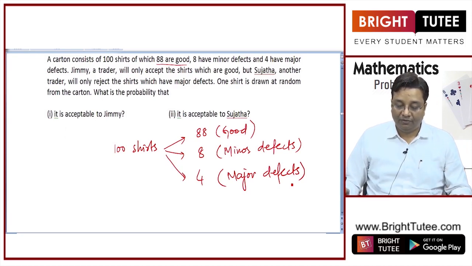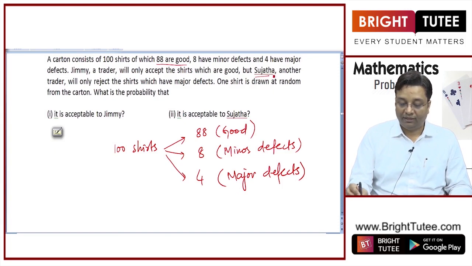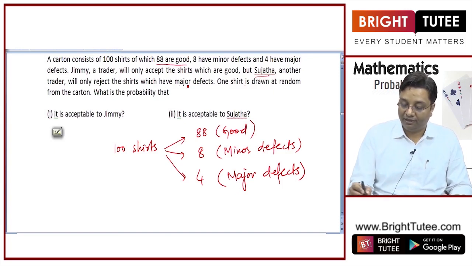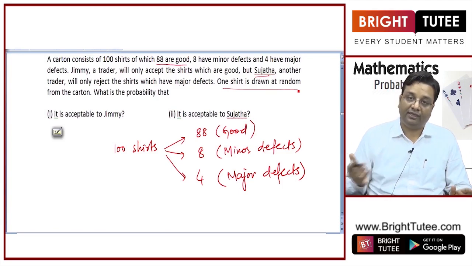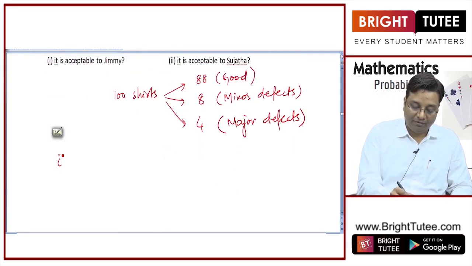Jimmy, a trader, will only accept the shirts which are good, but Sujata, another trader, will only reject the shirts which have major defects. So one shirt is drawn at random from the carton. What is the probability that it is acceptable to Jimmy?